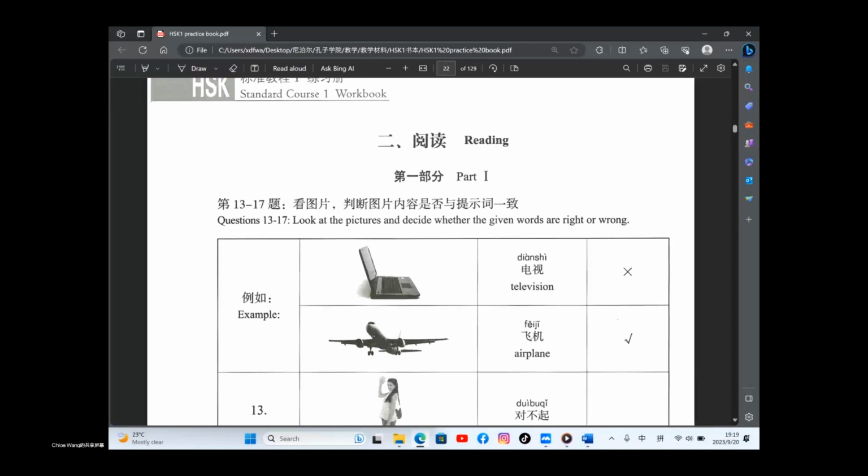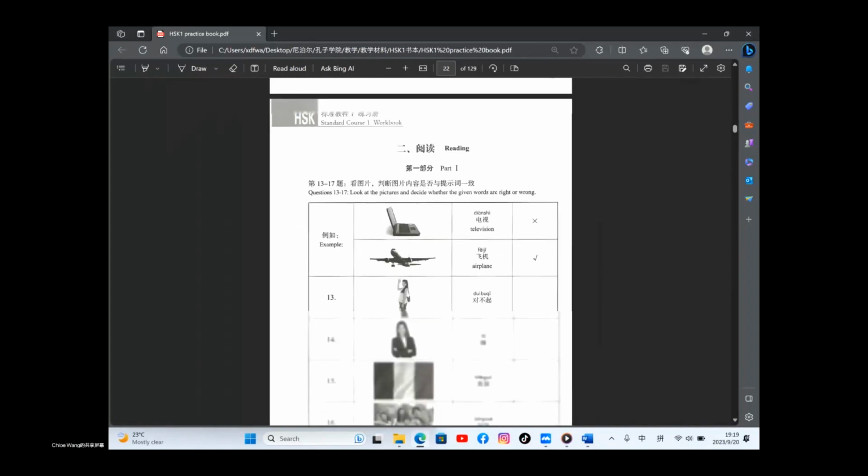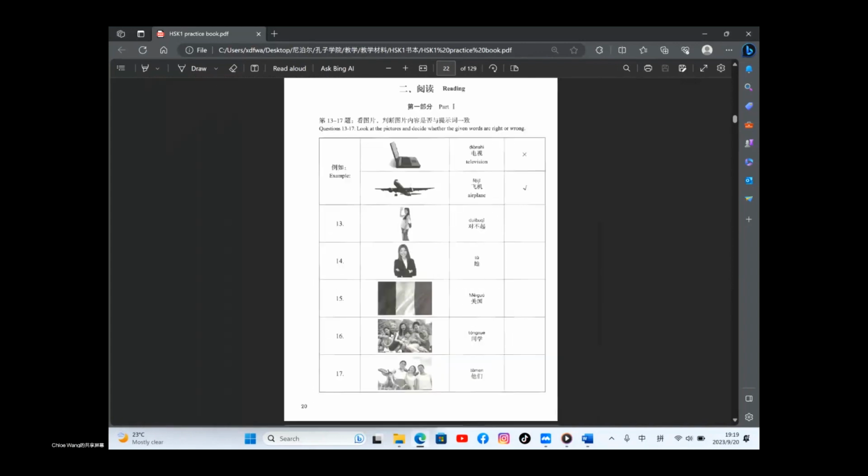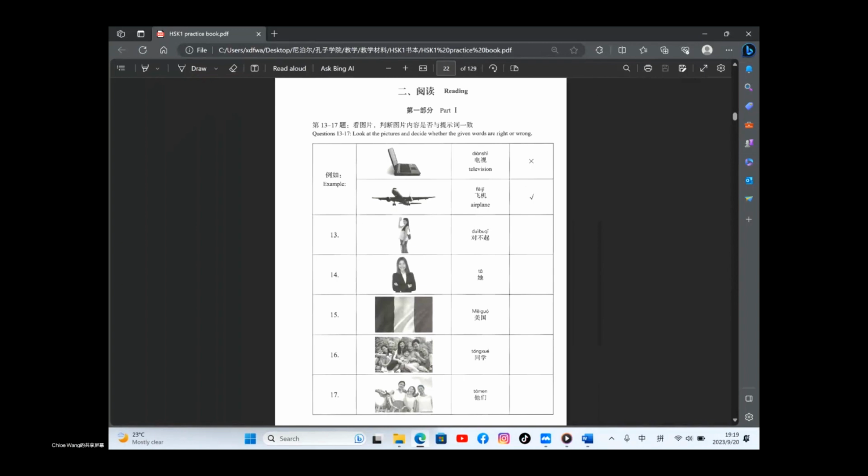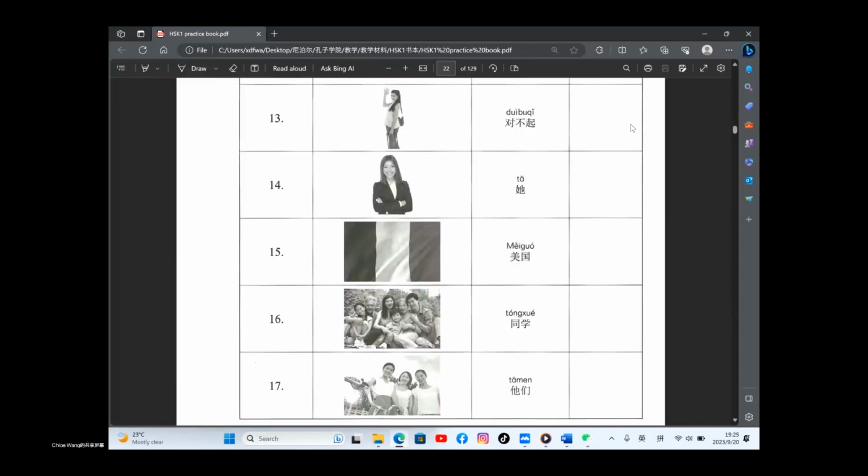Now let's move to the reading part. Question 13. 对不起 means sorry.